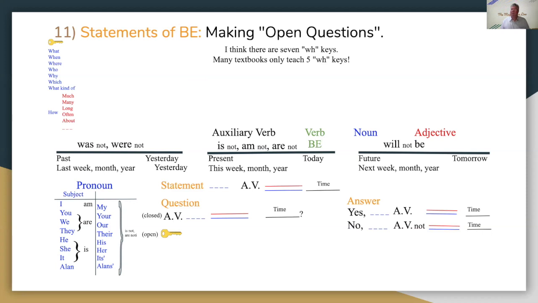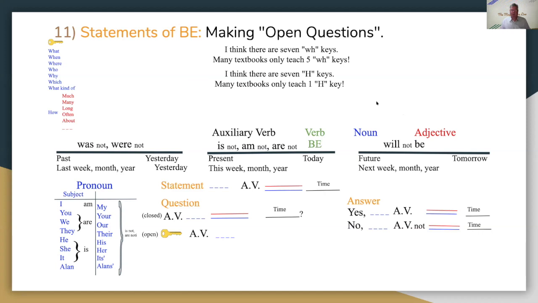So when we use how, followed by an adjective, these will make the questions. Then we have what I'll call an open adjective: how old, how big, how fast, how strong. There's many, many different combinations, but I think there are basically 7 H keys. Many textbooks only teach 1 H key. So it's just a different way of thinking about things.